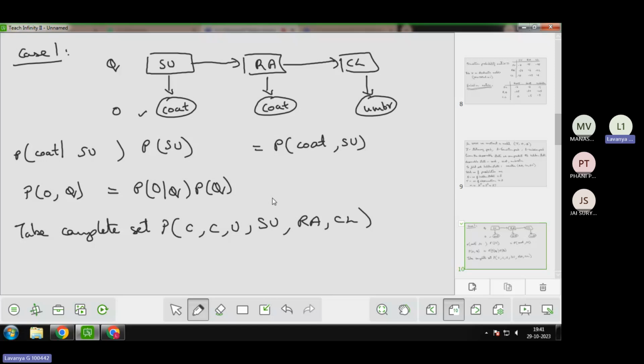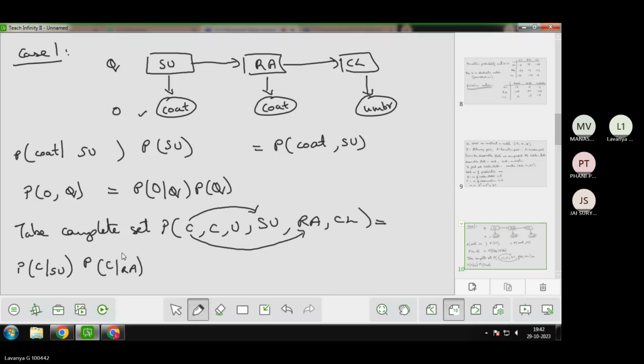We will take all the three and then start. He is wearing a coat and it is sunny. So this will be equal to the probability he wears a coat and it is sunny. Next, he will wear a coat and it is raining, so the probability of wearing a coat and it is raining.